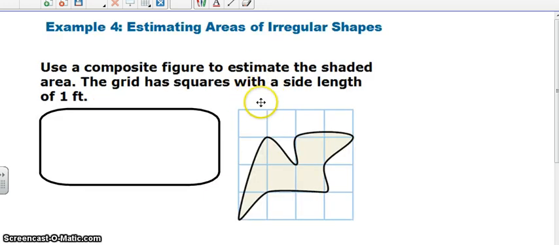Here's an example of that. Let's estimate this irregular shape. So the grid has been superimposed over this strange looking shape, and the grid is going to be an aid to us in trying to find figures that we recognize, figures that would be similar to what we see here.